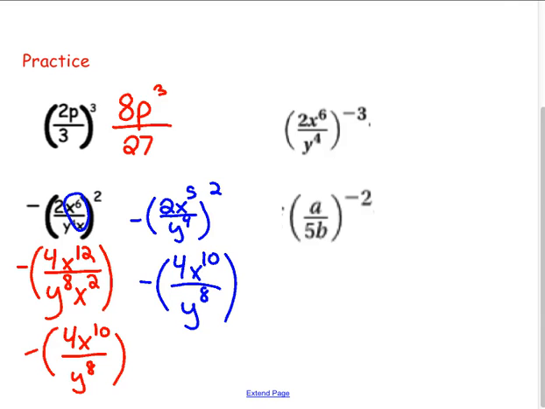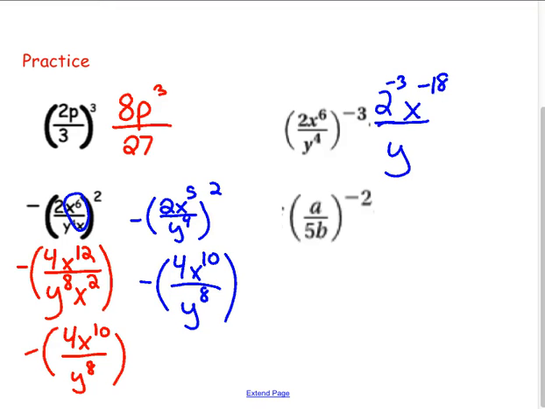Now let's look at the other side of this, okay? So again, we're going to apply that -3 power to everything, okay? So I'm going to have 2 to the -3. Power of a power, 6 times -3 is a -18. X to the -18, power of, oh, I'm sorry, that should be an x.